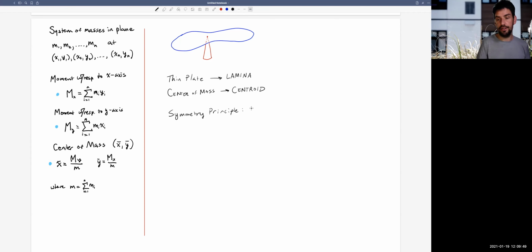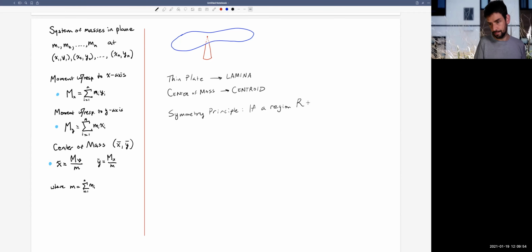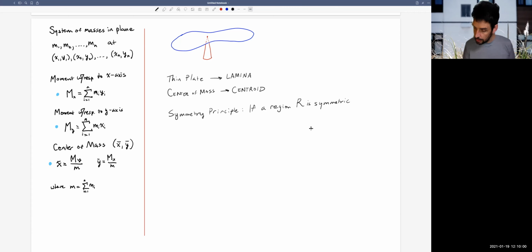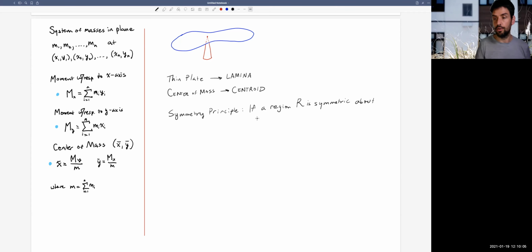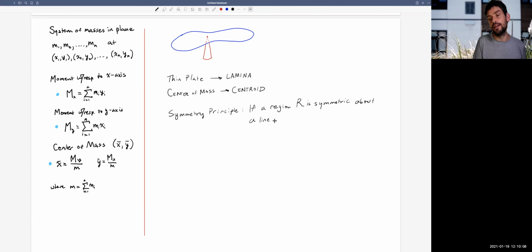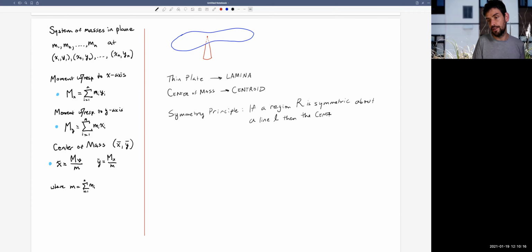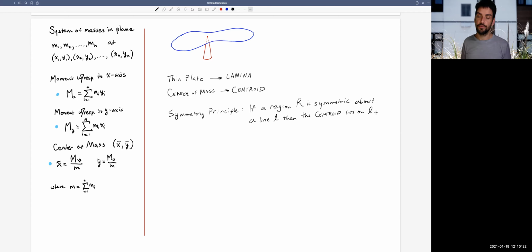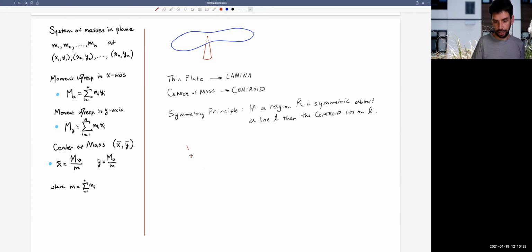And all this says is that if a region R is symmetric about an axis or a line, let's say a line L, then the centroid, or the center of mass, lies on L.